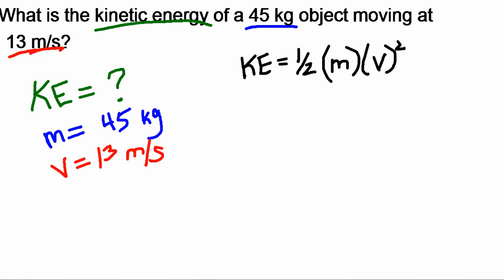Right now I don't know what kinetic energy is, so I'm going to leave kinetic energy as letters. I know that my 1/2 is going to remain the same, but remember, I'm trying to type this into a calculator. I'm not going to type in 1 divided by 2. I'm going to type in 0.5. My mass identified as 45 kilograms.